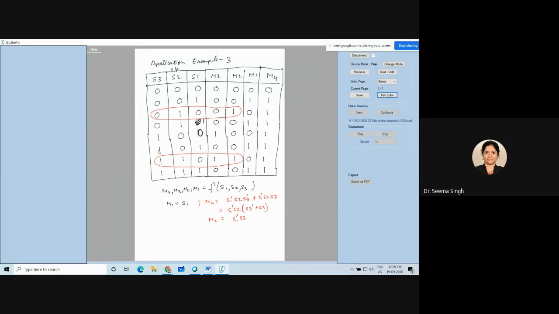Whether S3 material is available or not, M2 will keep running. So S3 becomes don't care, and whatever becomes don't care, we can always drop. So this equation reduces to S1 bar S2.